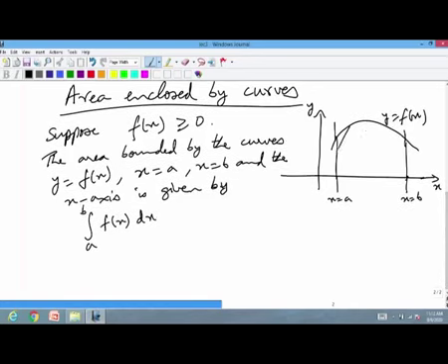Right. So, this definite integral gives the area under the curve y equal to f x from x equal to a to x equal to b.